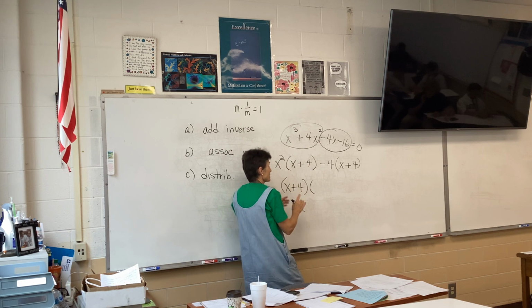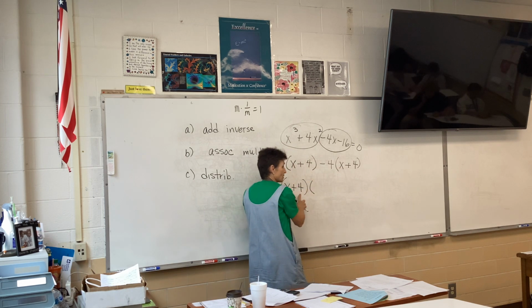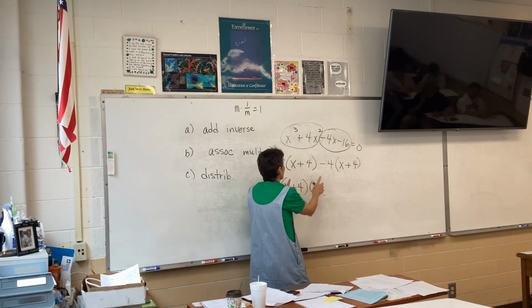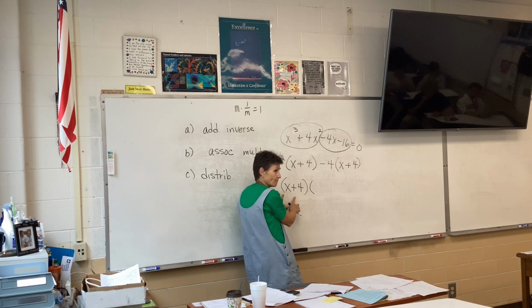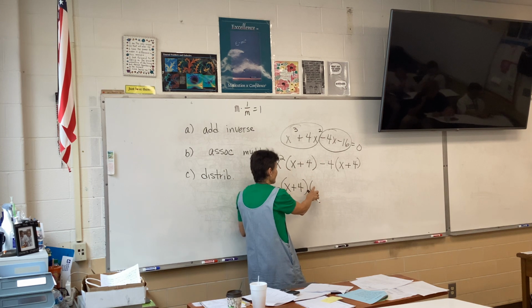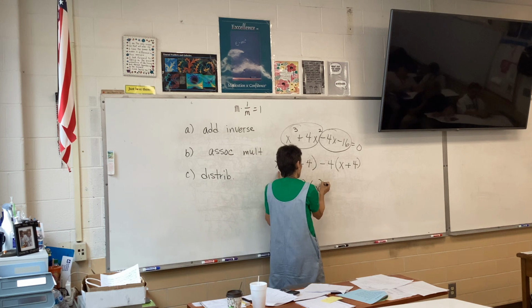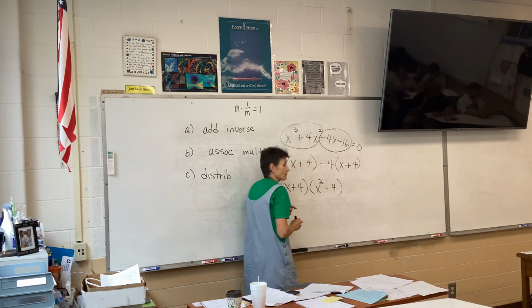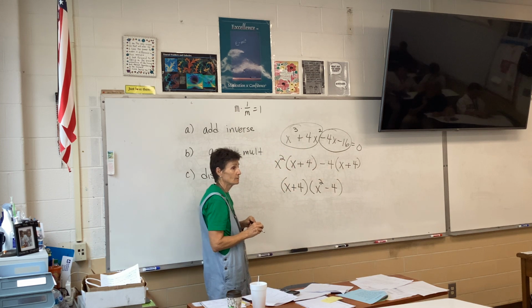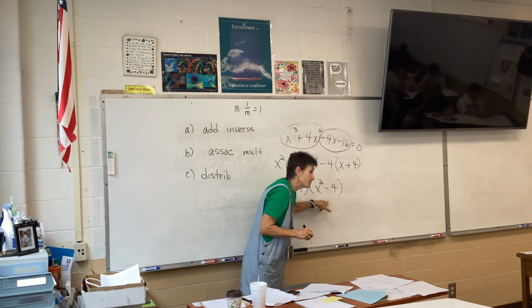Now notice, I wrote down the match. I didn't square it, I didn't write it twice, I just write down the match. And then in my second parentheses goes everything else that's left. So x squared minus 4. That we talked about yesterday.